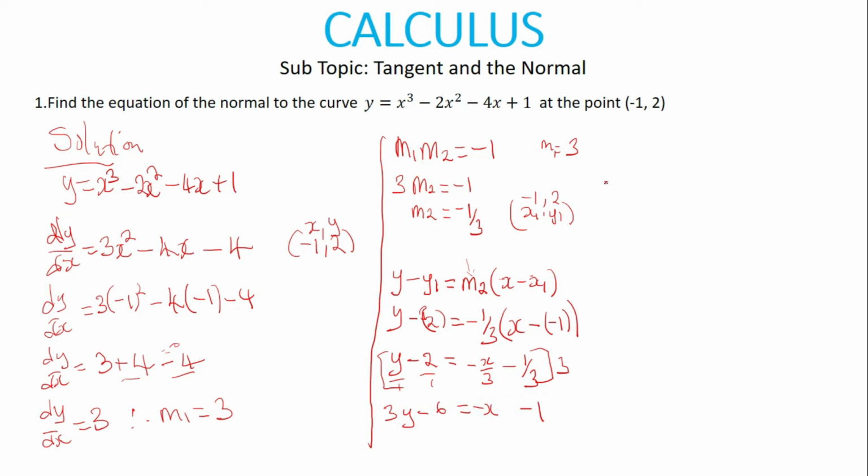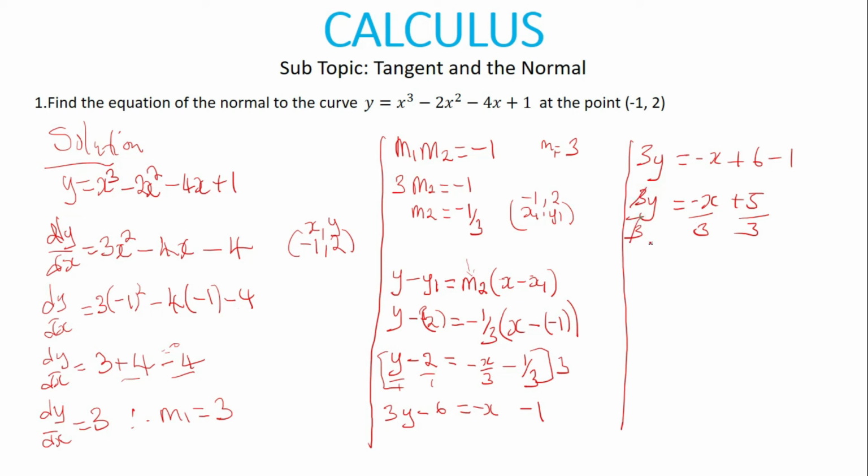So we're going to bring it here. Then maybe we just get the 6 on the other side. We're going to have 3y is equals to negative x plus 6 minus 1, which is 3y is equals to negative x plus 5. Then you can divide by 3, divide by 3, divide by 3.